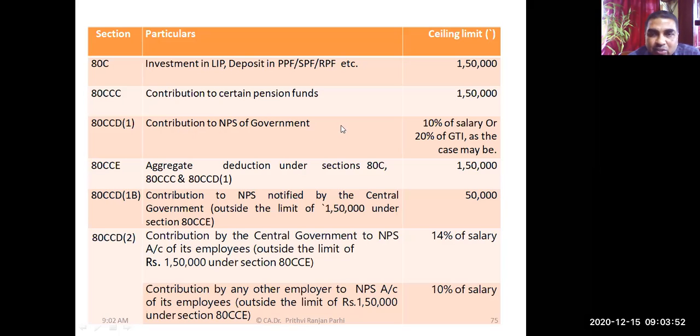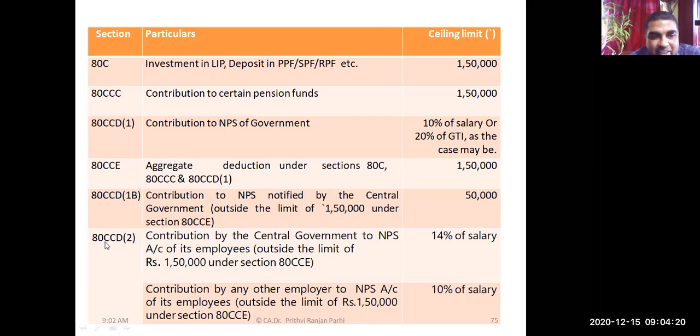80CCD1 contribution made to NPS, this is the employee's contribution, 10% of salary or 20% of the gross total income, as the case may be. 80CCE provides that aggregate deduction of 80C, 80CCC and 80CCD1 is 1,50,000. 80CCD1B contribution made to NPS, rupees 50,000.